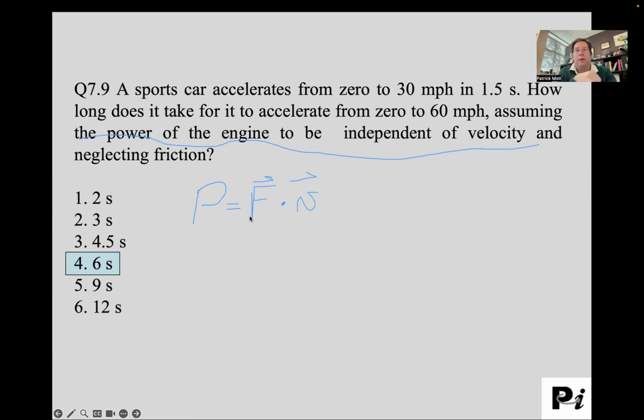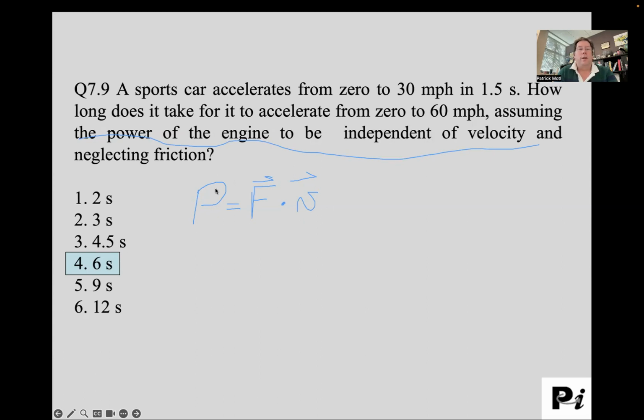You could also think that the force it provides is constant. If that's the case, if the force is constant, then as the velocity increases, the power has to also ramp up to increase as well. Here we have a constant power. So as the sports car goes faster, the force is diminished.